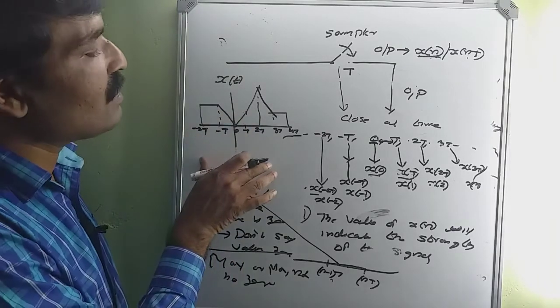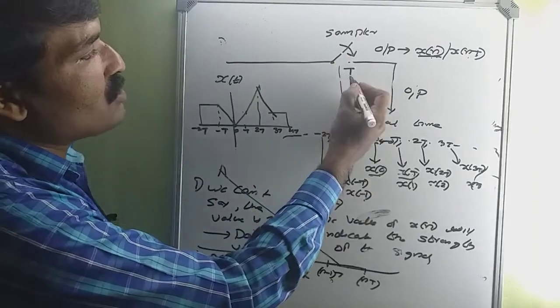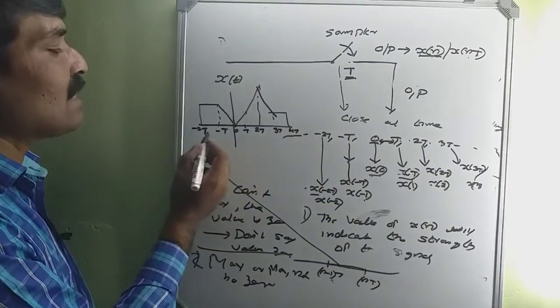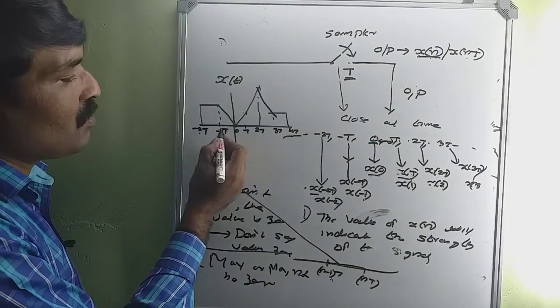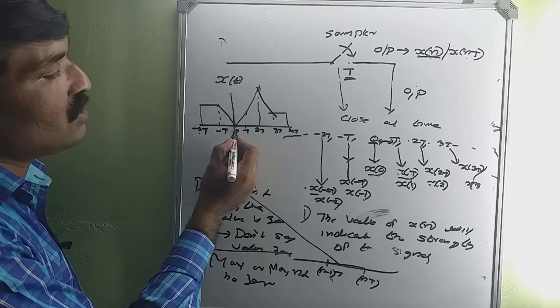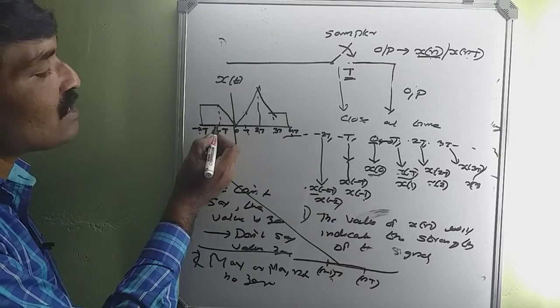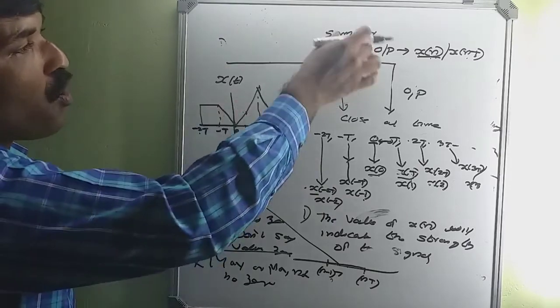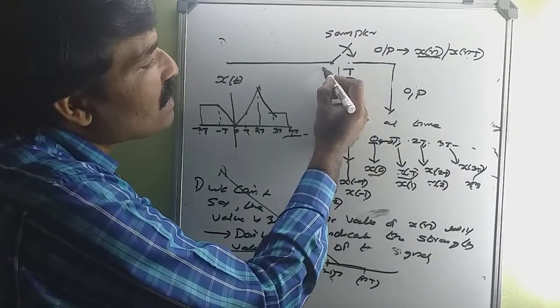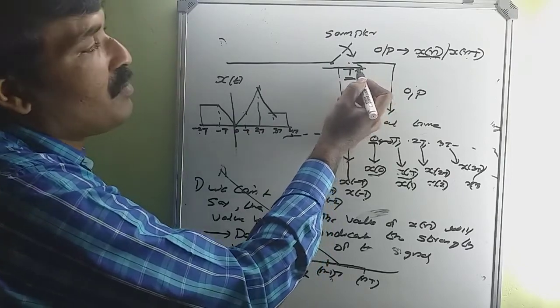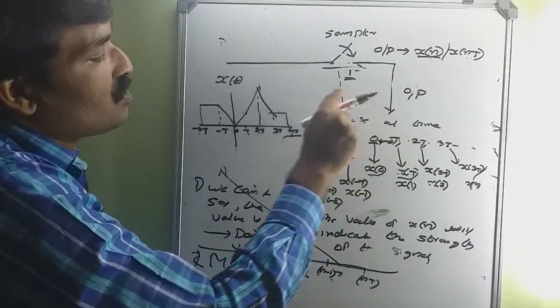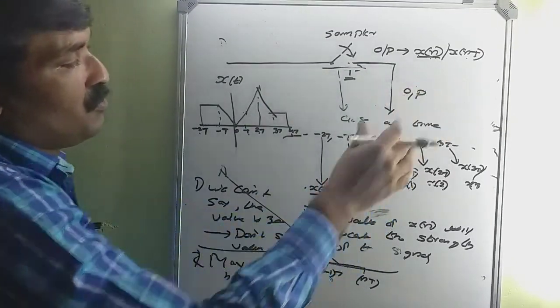So when this signal is being processed, the sampler switch closes at the instants minus 2t, then minus t, 0, t, 2t, 3t, 4t, etc. In between these instants, the switch will open. Open means no signal can pass through the sampler. No signal can pass, so we can't get any output.